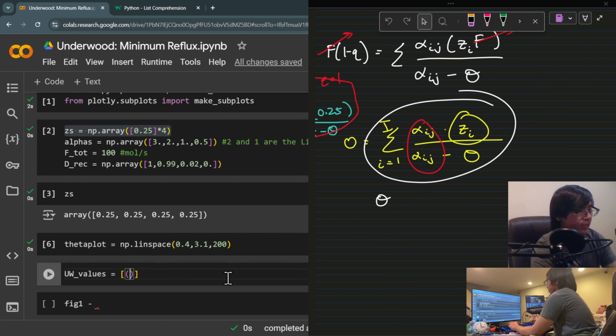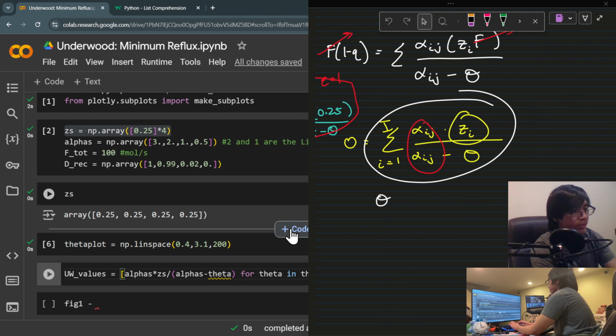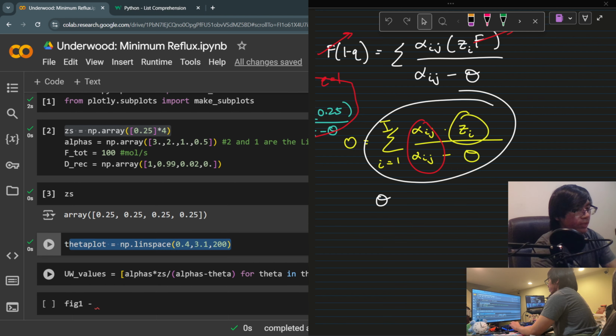And then we subtract our theta. So we have, I don't think I need parentheses at the start yet. So alphas times our z's divided by parentheses, since this is subtraction, alphas minus our thetas. And now this theta, we use our list comprehension. So it's for theta in theta plot. So it's going through all those values you saw earlier when I displayed our theta for plotting purposes.